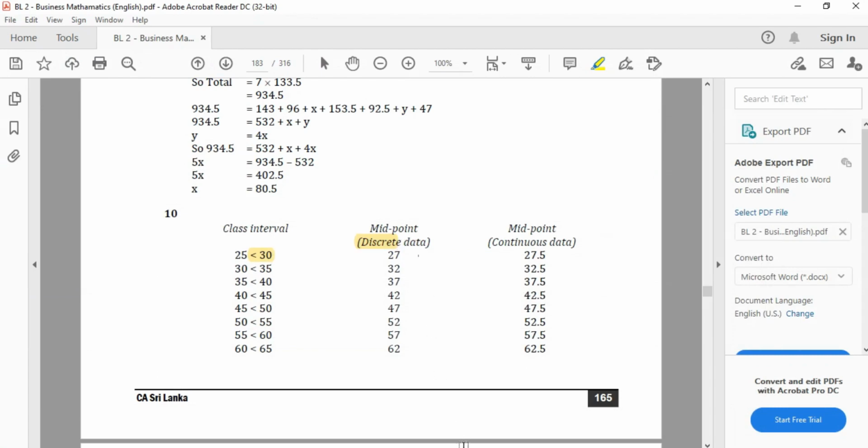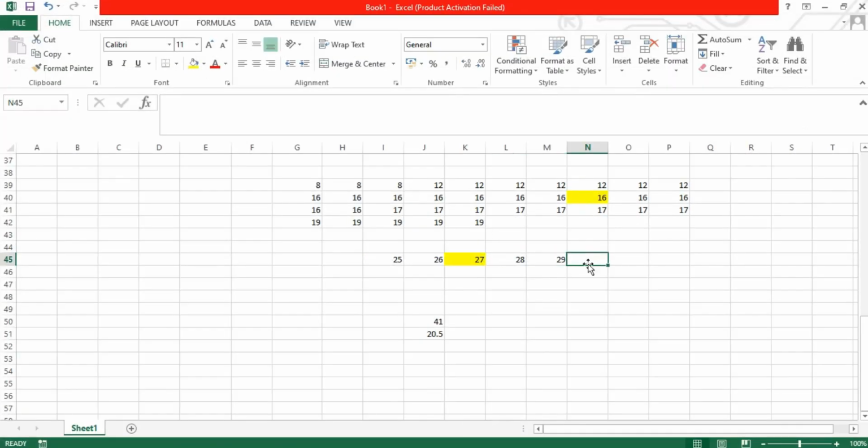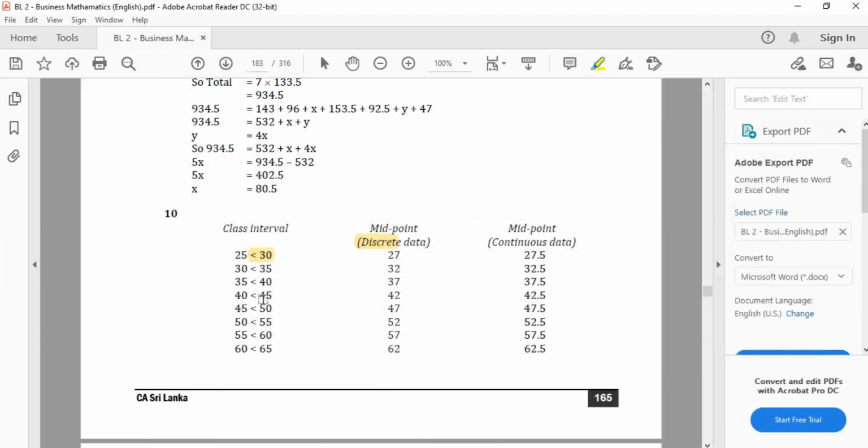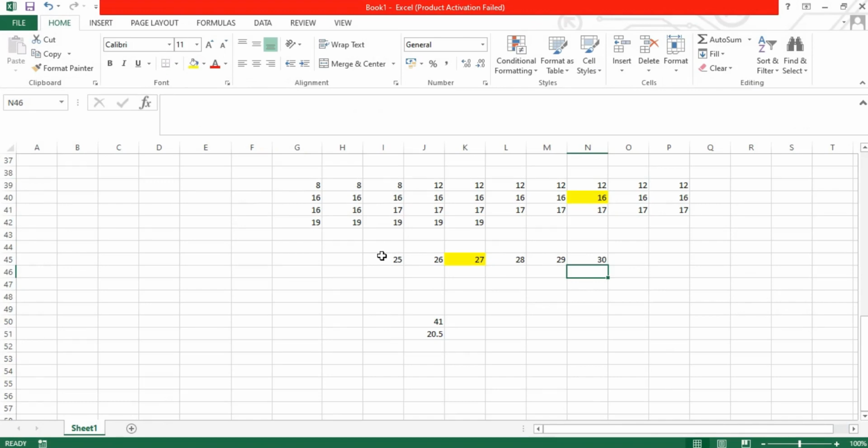But if it's a continuous data, then of course 30 is included because we would be saying that it is up to and including 30. So in a continuous data, we will include both 25 and 30, right? So if we include 25 and 30, it will be an even number of items, 6.